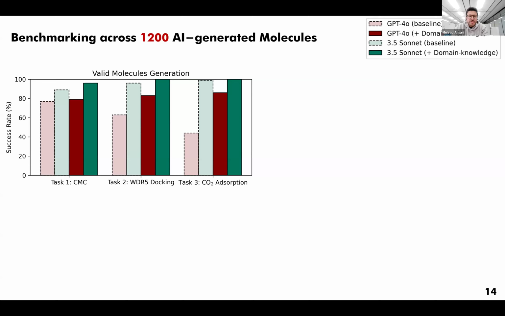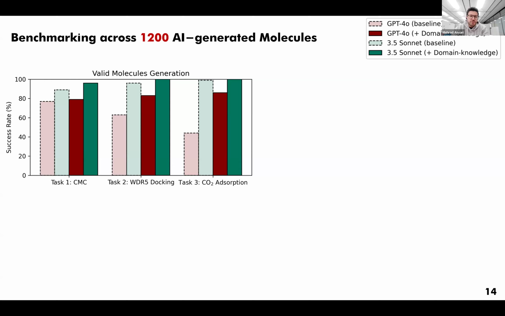So here we can see the success rate of the model in terms of valid molecule generation based on the design guidelines. And we considered an ablation study having the standalone state-of-the-art models, GPT-4o and Claude 3.5 Sonnet, and seeing how they would do without the domain knowledge that comes from our RAG tool.